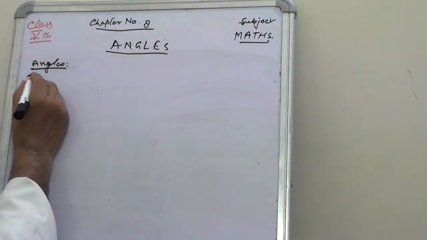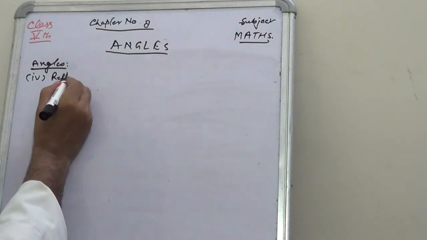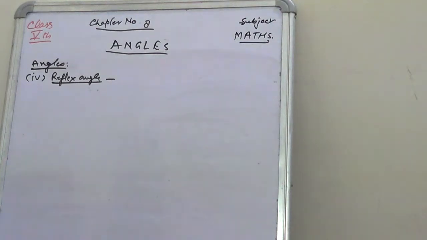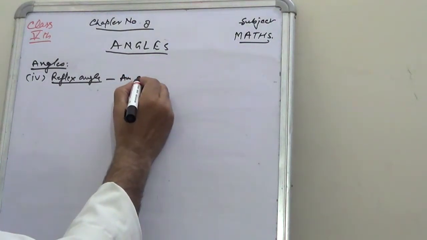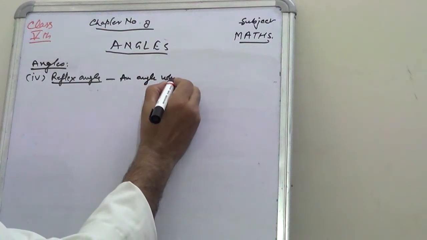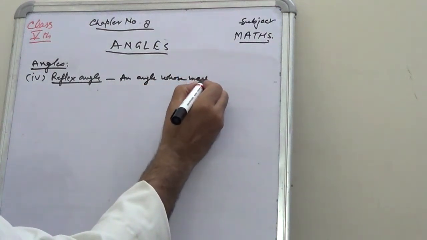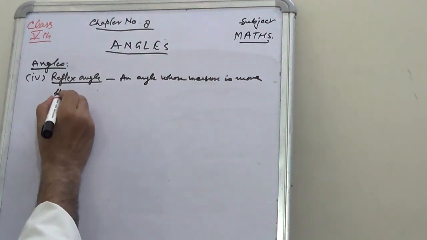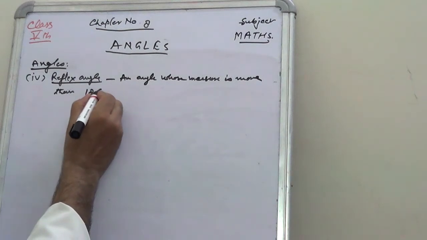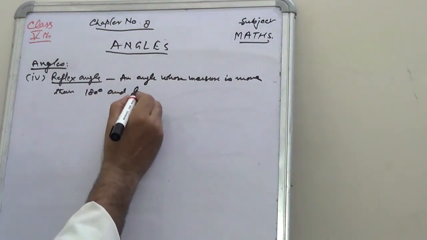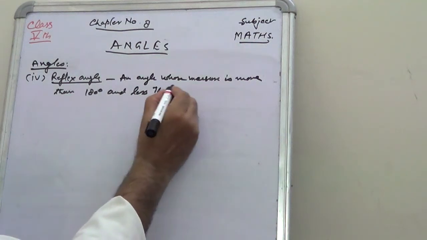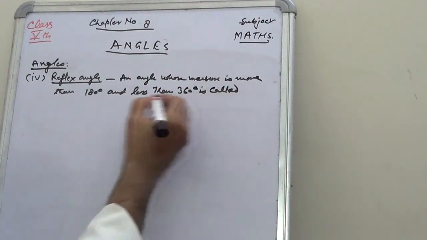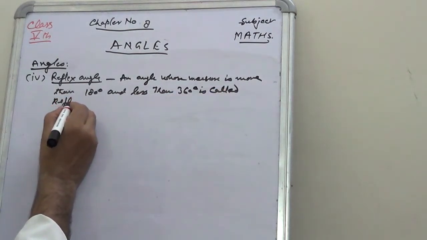Next angle is, children, reflex angle. A reflex angle whose measure is more than 180 degree and less than 360 degree is called reflex.